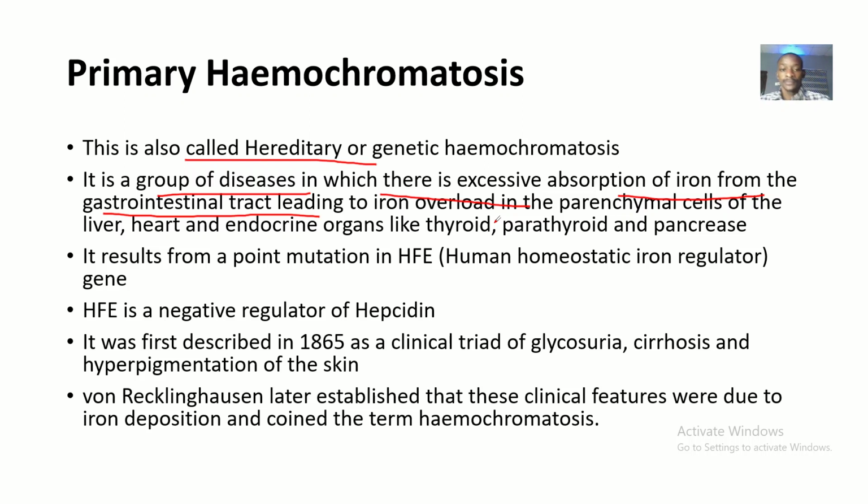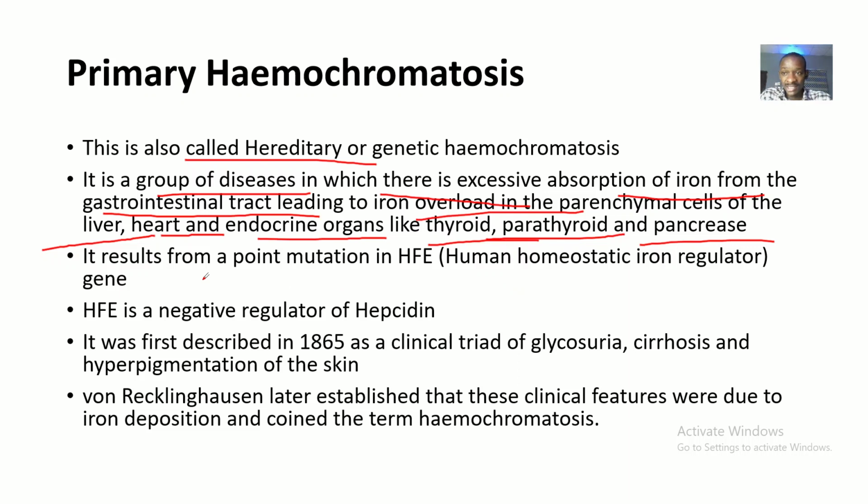It will lead to iron overload in parenchymal cells of the liver, the heart, the endocrine organs, and also the spleen. Examples of these endocrine organs, like I told you, are the thyroid, the parathyroid, and the pancreas.